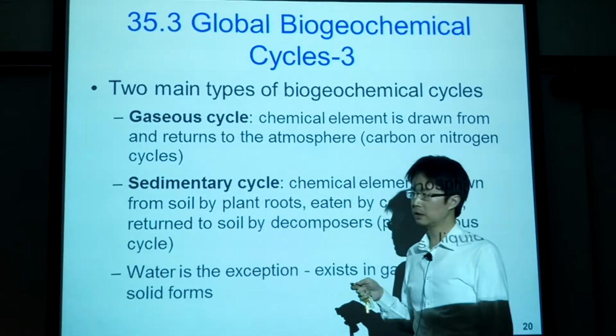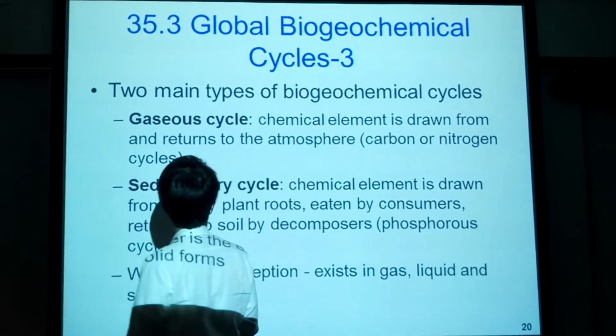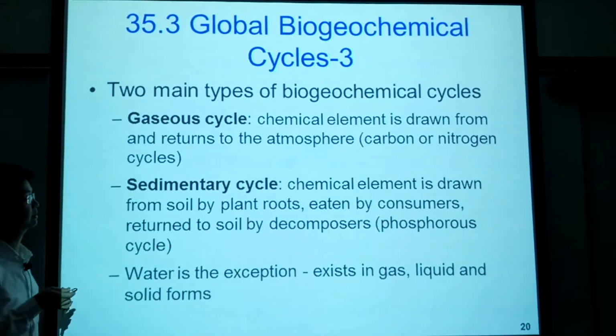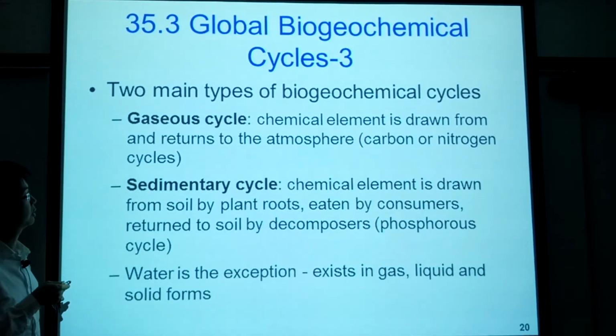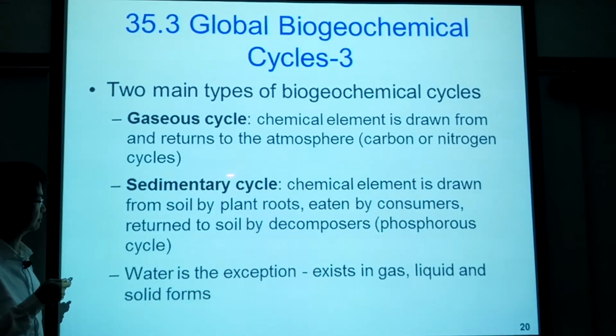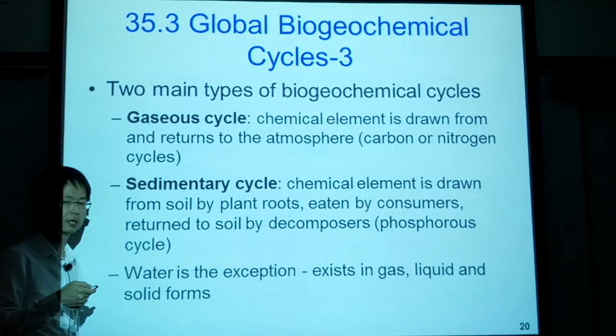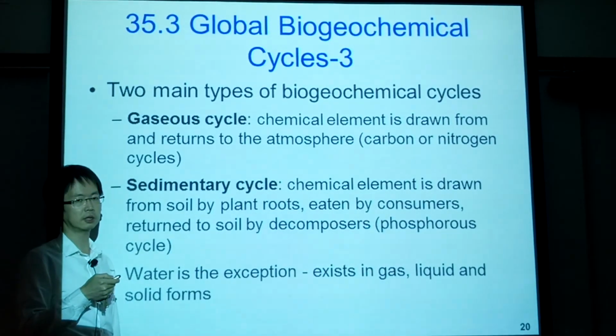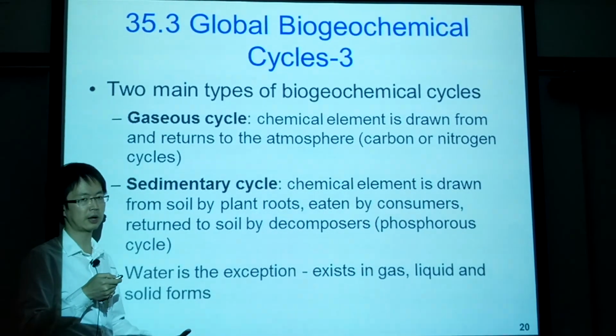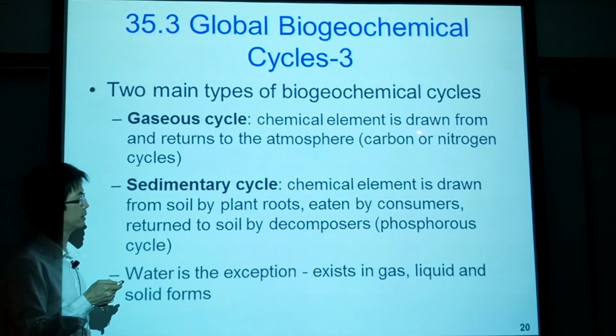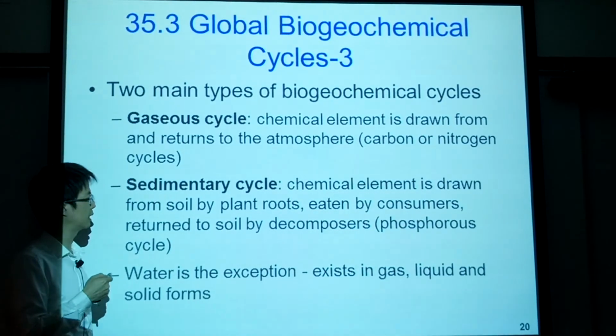And then, in all this biochemical cycle, we have gaseous cycle and sedimentary cycle. Gaseous cycle, as the name suggested, they involve the atmosphere. Example is carbon or nitrogen cycles.